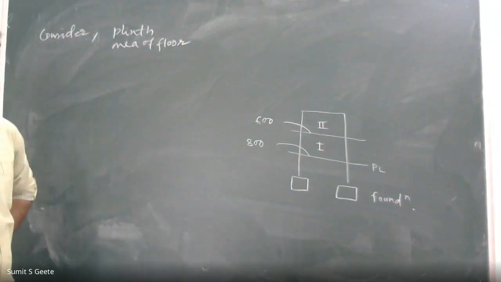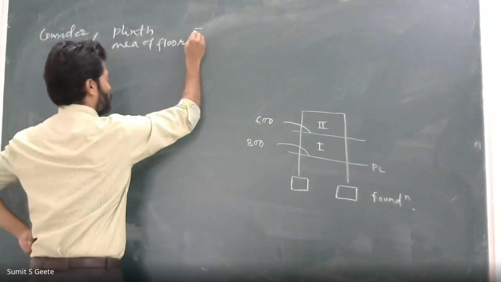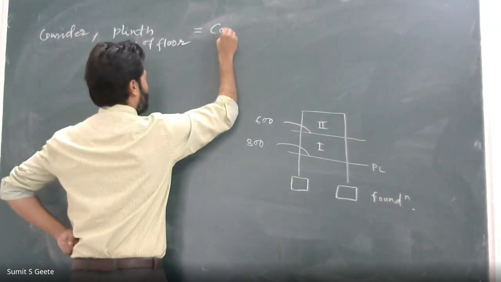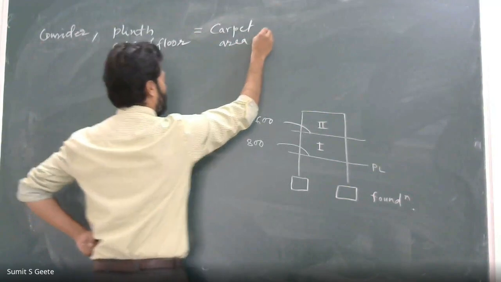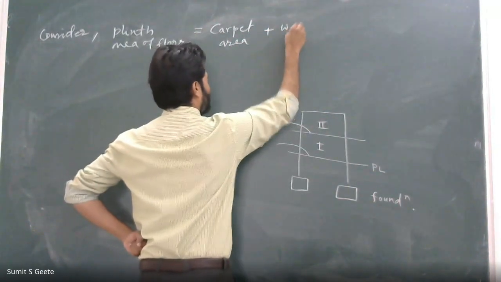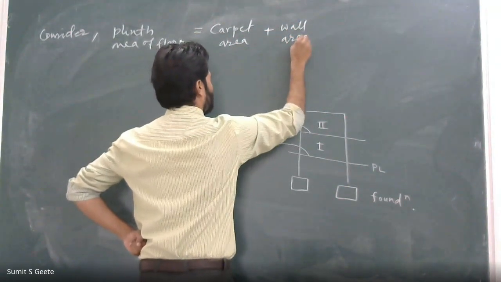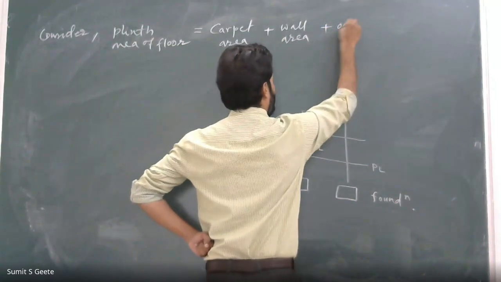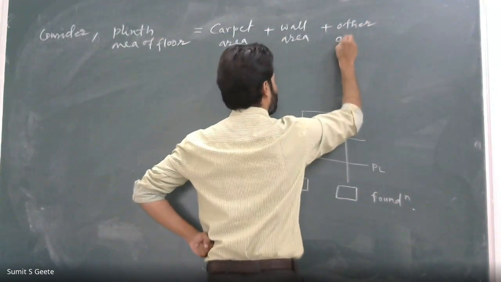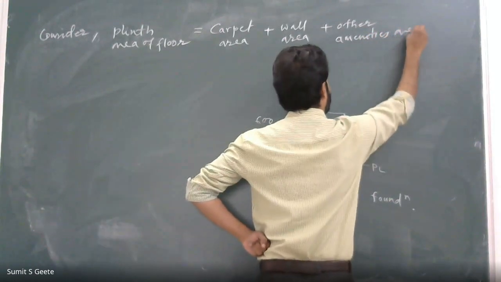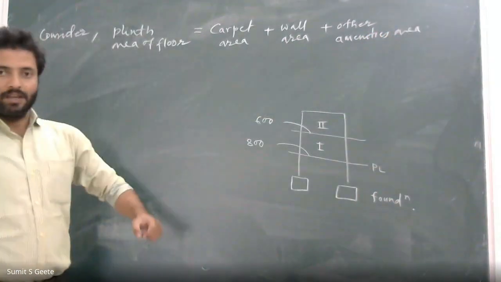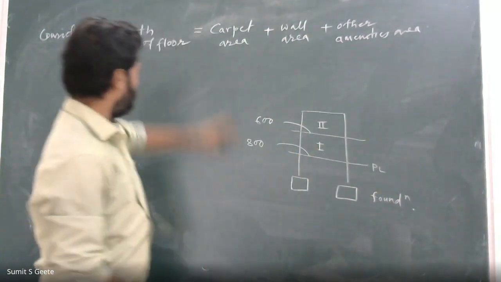Plinth area of a floor is equal to carpet area plus wall area plus other amenities area. Is it okay? So what exactly is the plinth area for that particular floor?